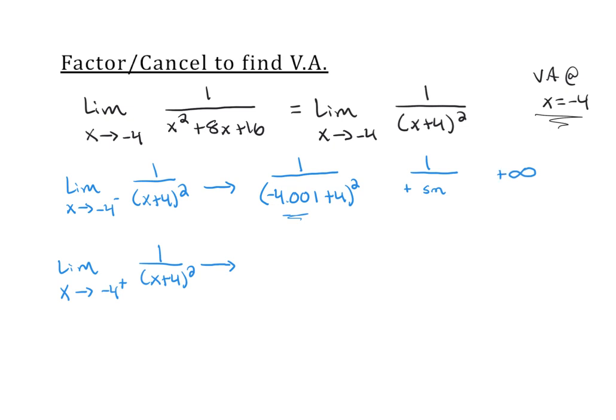So let's check the direction that the y values approach when the x values approach negative 4 from the right. If I plug in negative 3.999, same thing as above, I'm going to get a tiny number, and then I square it so it goes positive. So I have 1 over a positive, very tiny number.